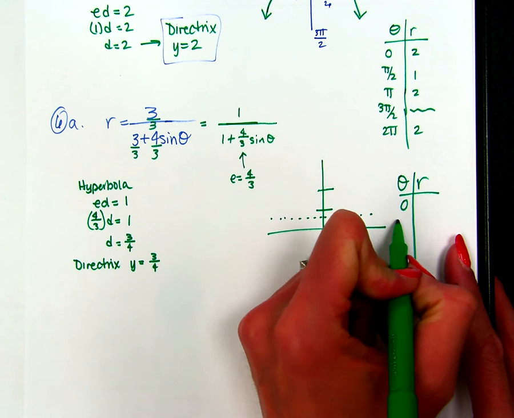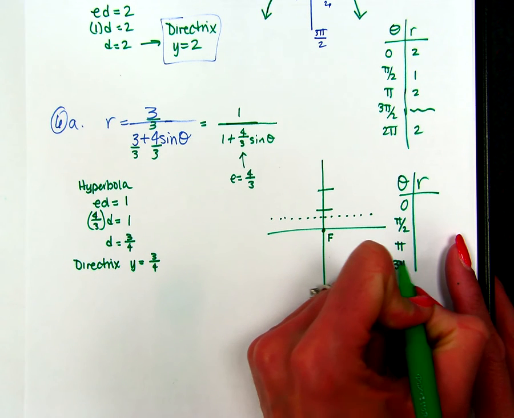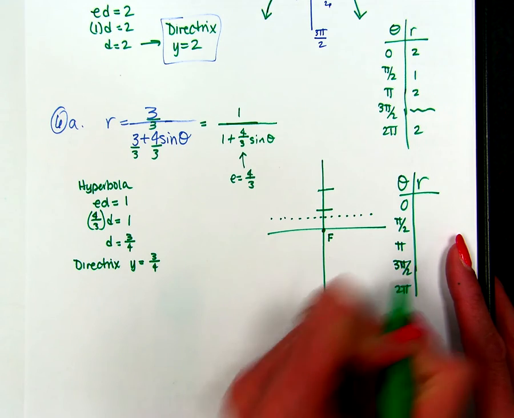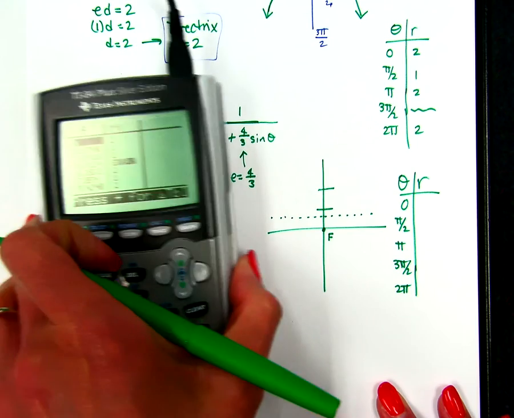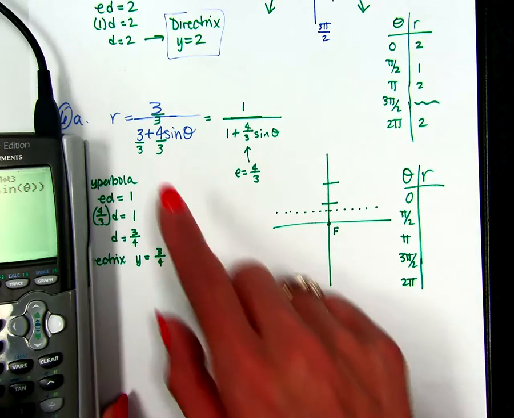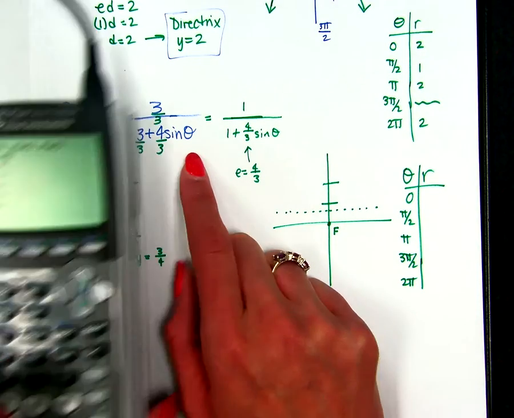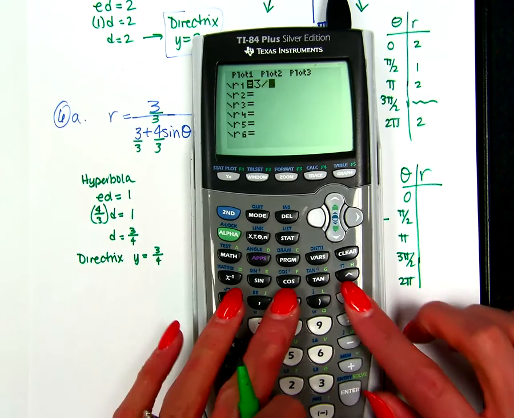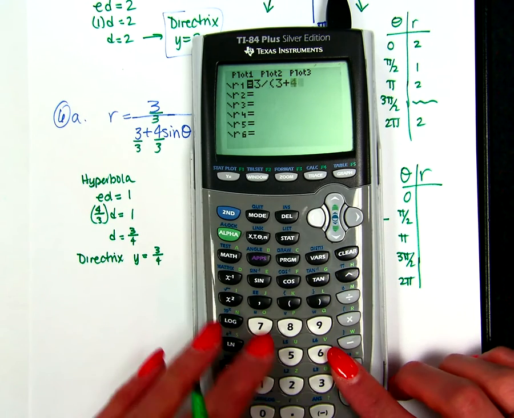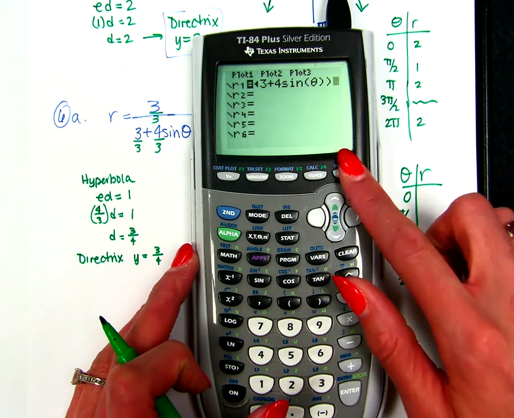So again, we're going to graph in our calculator. We can have it come up with the coordinates. So we need to change our equation. Actually, you can use either form of the equation. So this one might be easier to type in. So I'm going to type in 3 over 3 plus 4 sine theta. All right, I'm going to hit graph.